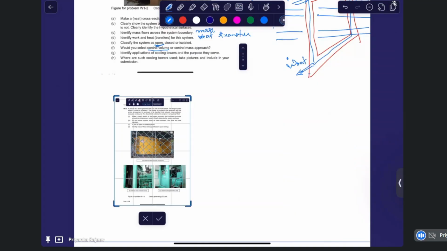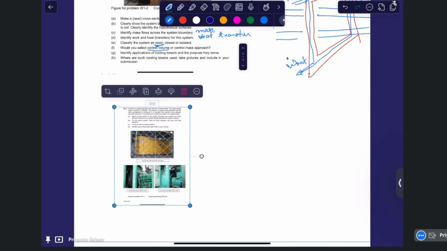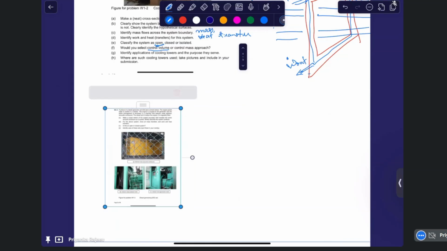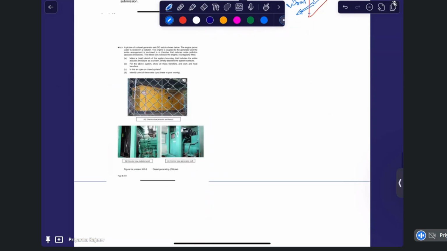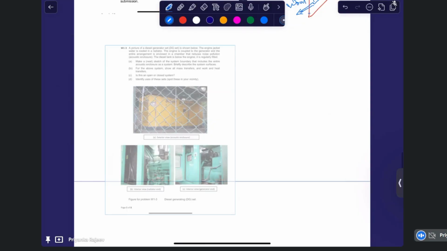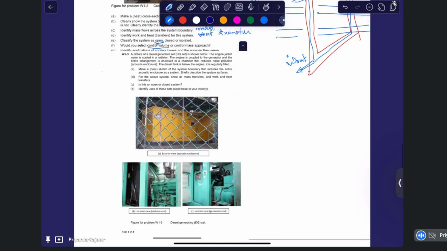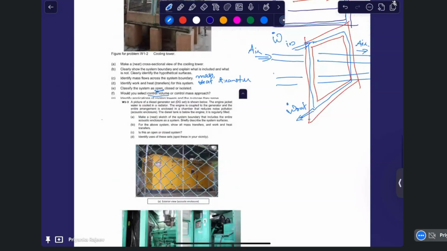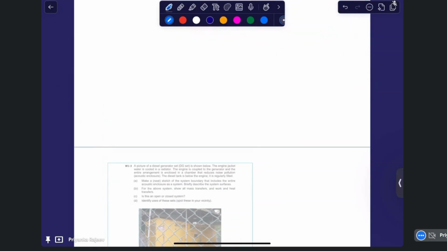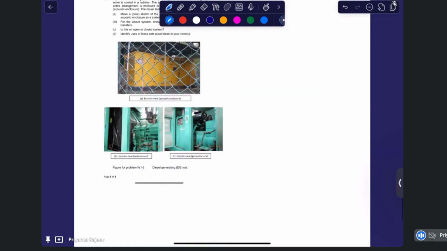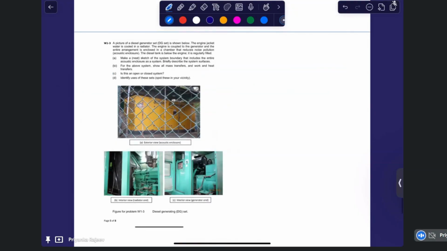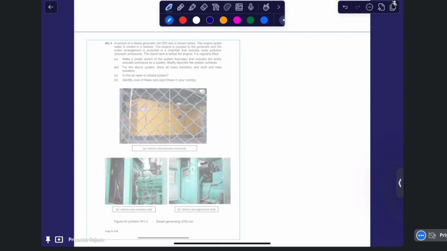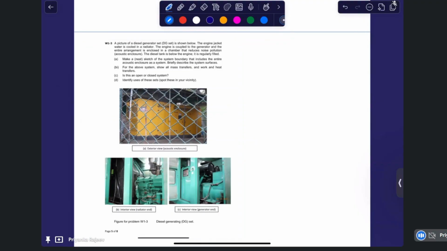So this is about a diesel generator set. So there is a DG set shown below. In an engine jacket, water is cooled in a radiator.